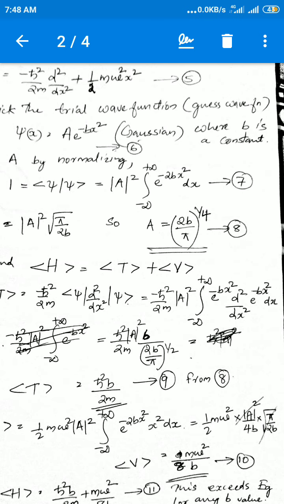When you take d square by dx square of e raised to minus bx square, you can do that, and it will be 2b e raised to minus bx square, I think, or b square e raised to minus bx square. So 2 times it will be e raised to minus bx square into 2bx, like that it will come.